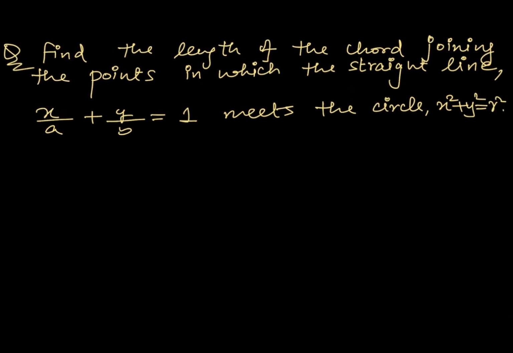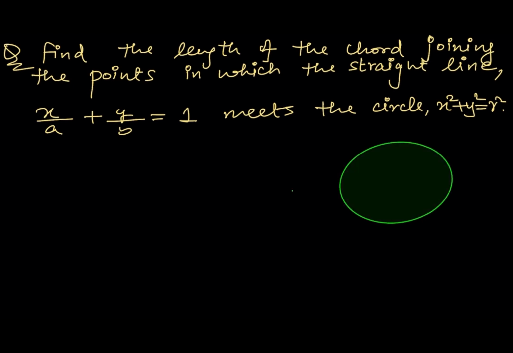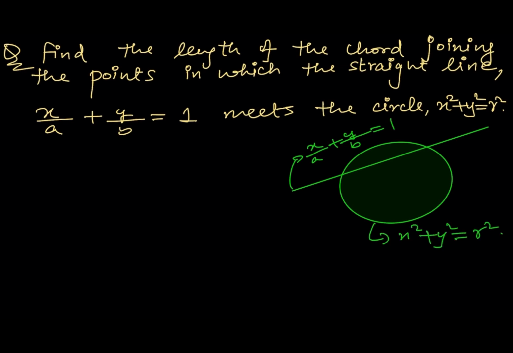So in this case, the circle is x square plus y square is equal to r square, and the line is x upon a plus y upon b is equal to 1. Now we have to find this AB.